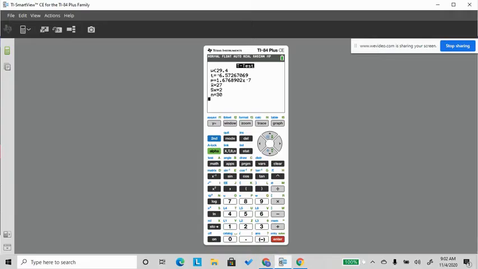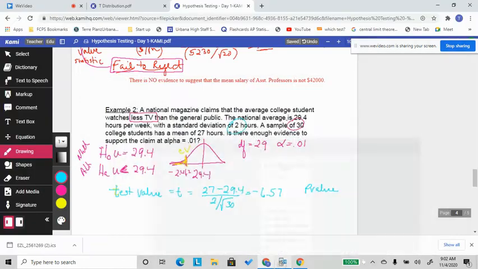It was 1.67 e to the negative 7, which means you move 7 places that way. So 6 zeros and then that. So that's your p-value, super small.